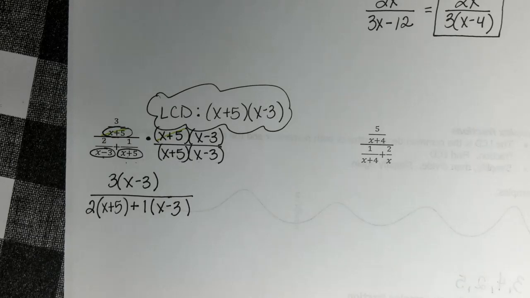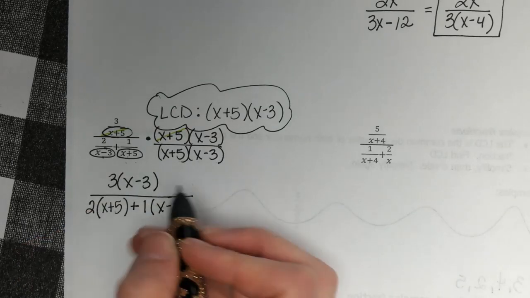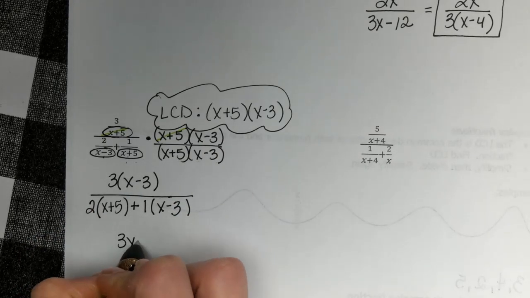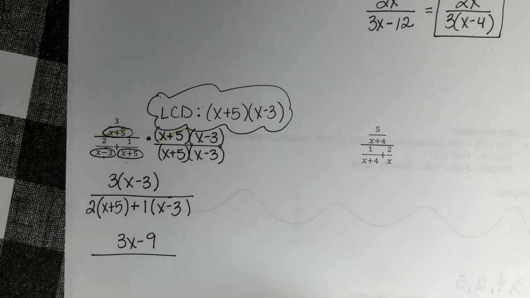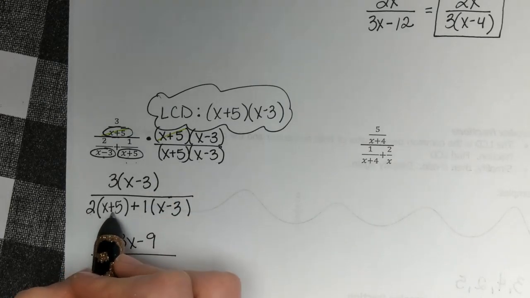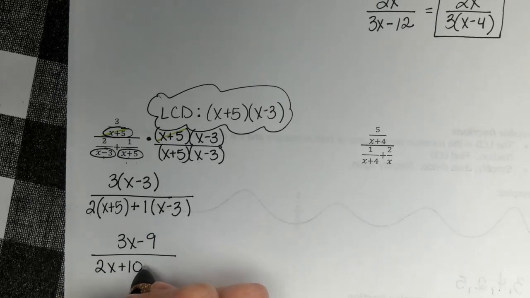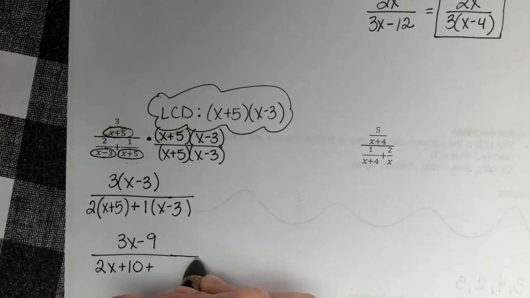To me, it makes it a whole lot easier. Okay? So then 3 times x minus 3. If I wanted to, I could make that 3x minus 9. And then this 2 times x plus 5 becomes 2x plus 10. Plus 1 times x minus 3 is just x minus 3.